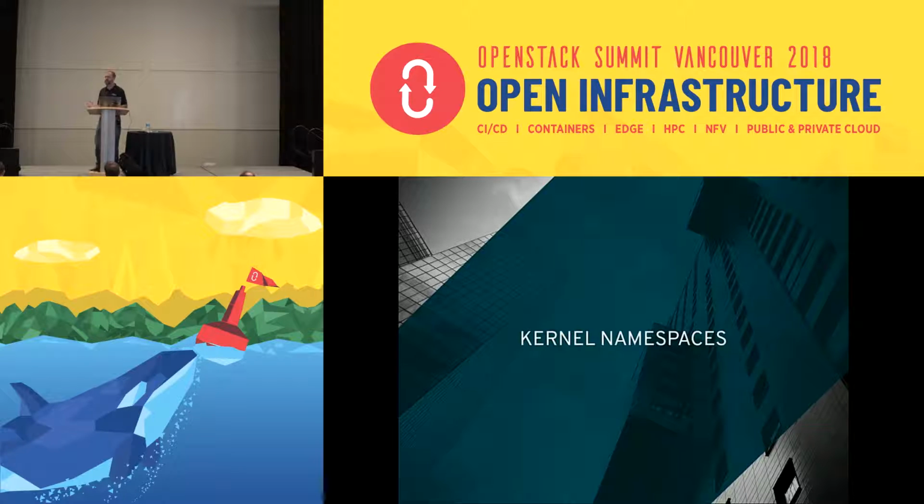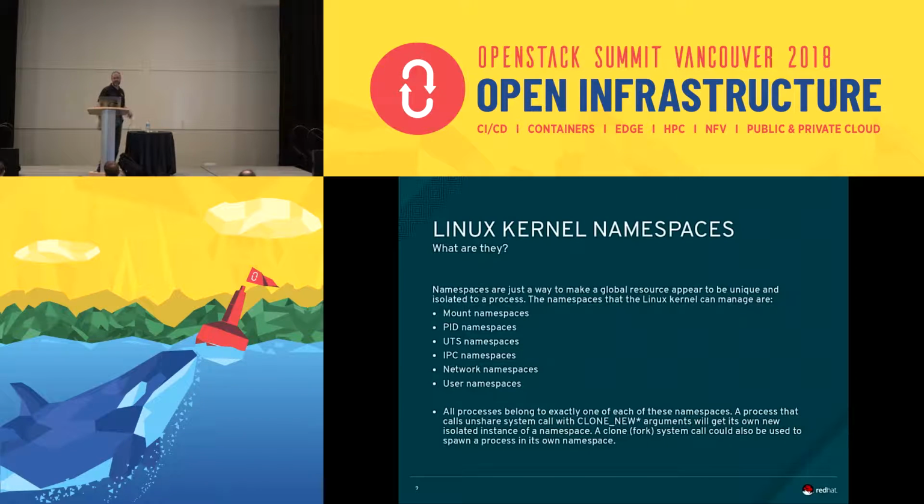Diving into the technologies that we use, one of the big ones is kernel namespaces. What kernel namespaces do is give the processes running within a particular namespace a limited view of the resources in that namespace.